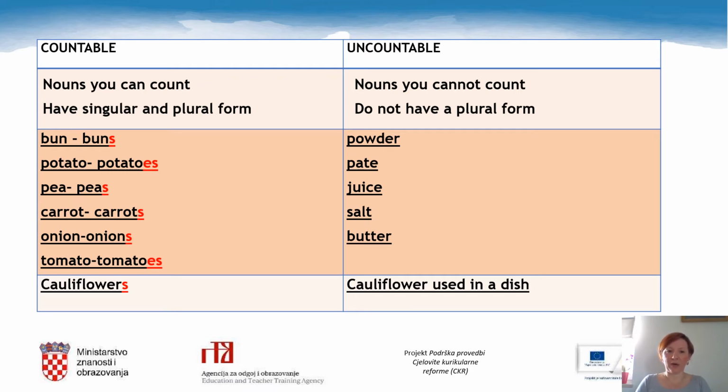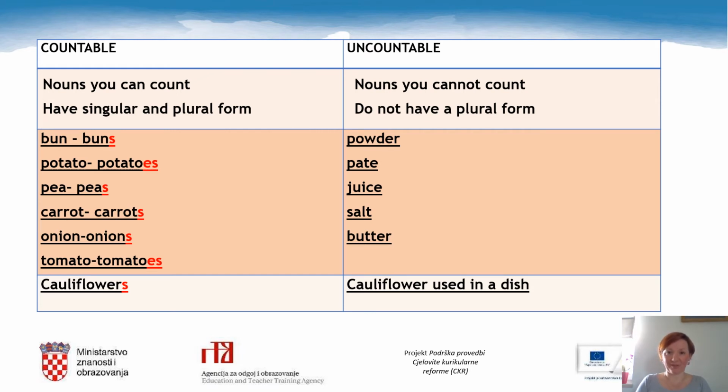Now take a look at the cauliflower. I put cauliflower in countable column and uncountable. Some words in English can be both countable and uncountable, and this is the case with the cauliflower or cabbage, for example. So when you refer to cauliflower in a sentence, for example, oh, I have planted 10 cauliflowers in my garden, then it is countable.